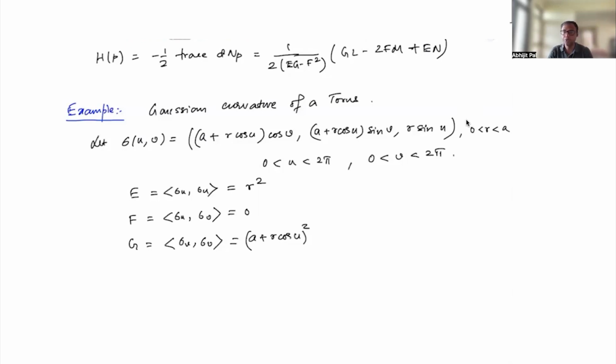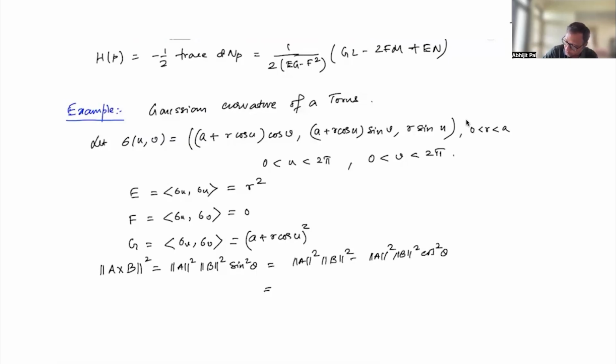Okay, so now we need to find this L, M, and N. So how to obtain those coefficients in a faster way? Let us check this thing. If I take any two vectors and take the cross product and take the norm of this, the norm of a cross b whole square is equal to norm a square times norm b square times sin square theta, which is again equal to norm a square times norm b square minus norm a square times norm b square cos square theta.